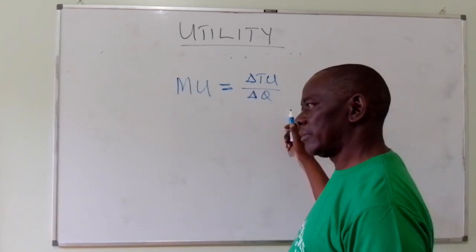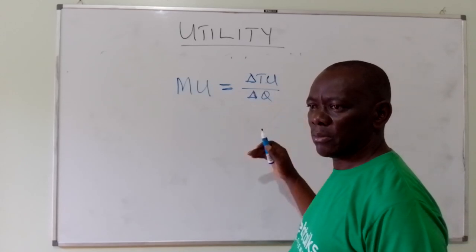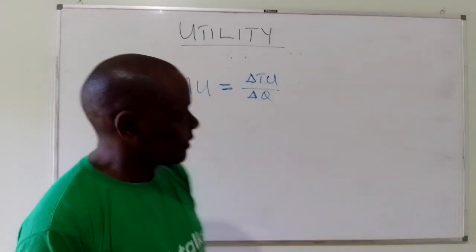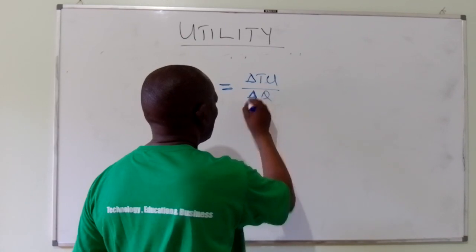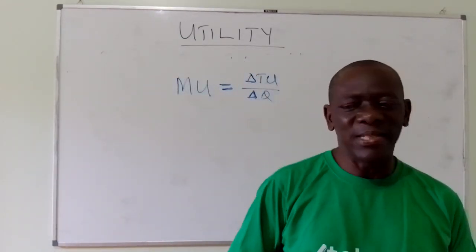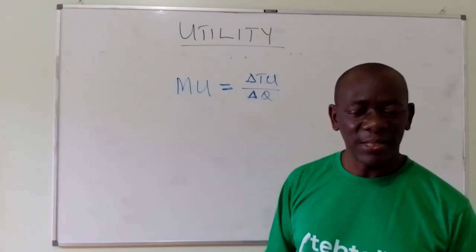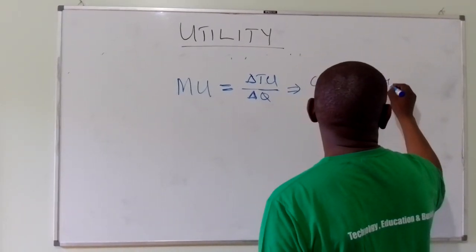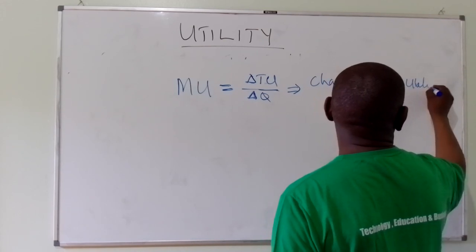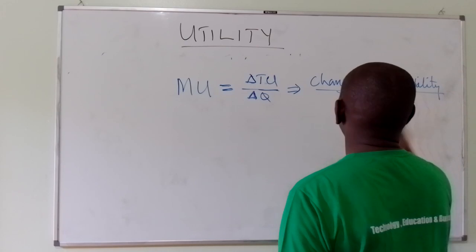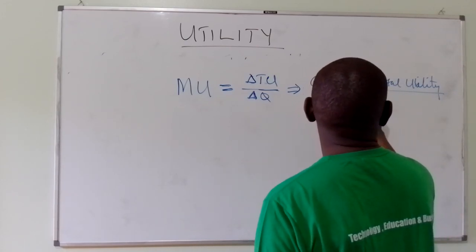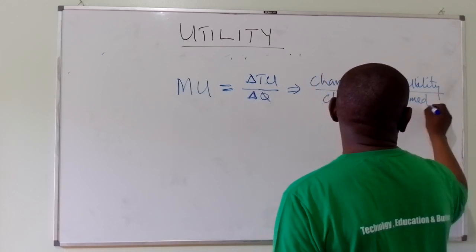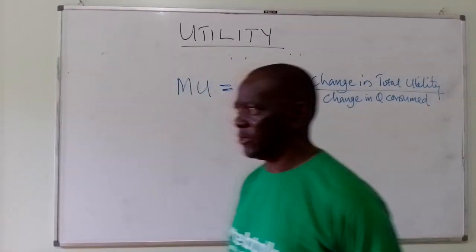So the change in output, how much utility will you get from the change in total utility over change in quantity consumed, or you can call it the product that you are consuming.